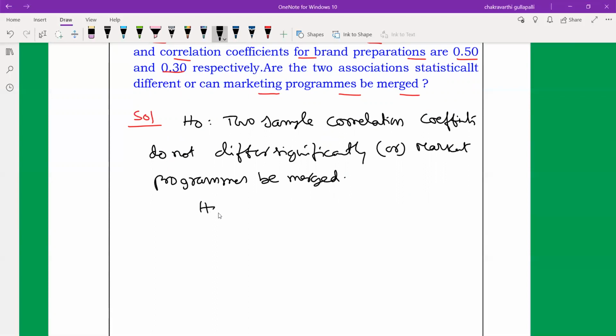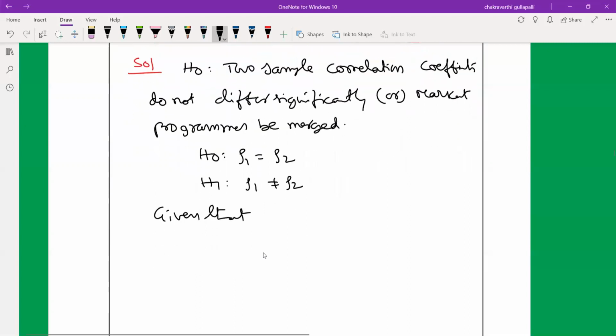That is, H naught: rho 1 is equal to rho 2. Alternative hypothesis: rho 1 not equal to rho 2. Some information is given in the problem, and using that information we have to solve it.